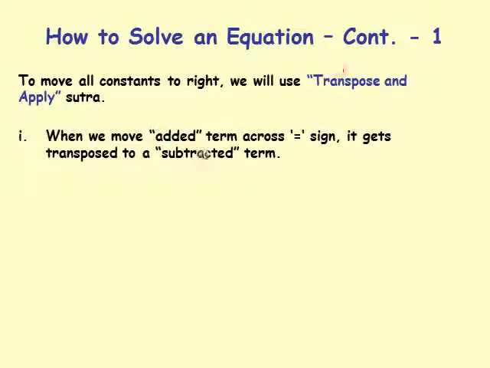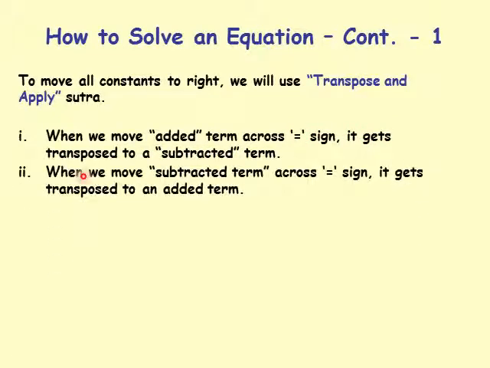When you move a subtracted term across an equal sign, it gets transposed to an added term. So this is the sutra, transpose and apply. So a subtracted term gets transposed to an added term.